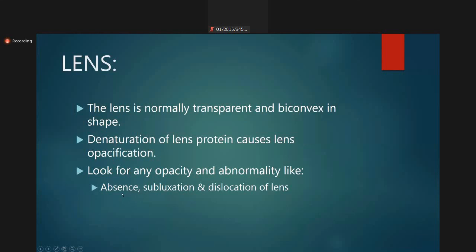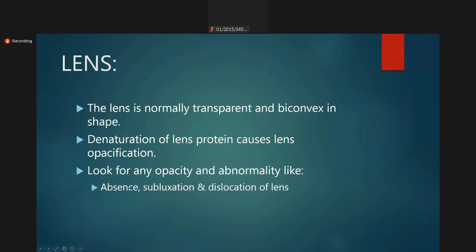Absence of the lens is known as congenital aphakia, or absence of the lens by cataract surgery, removal of the lens only, is known as aphakia. Any displacement of the lens: partial displacement is known as subluxation of the lens, and complete displacement is known as dislocation of the lens.